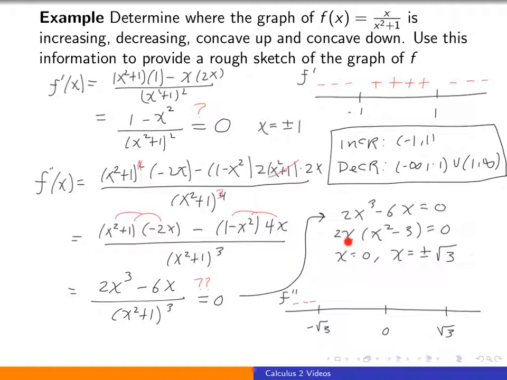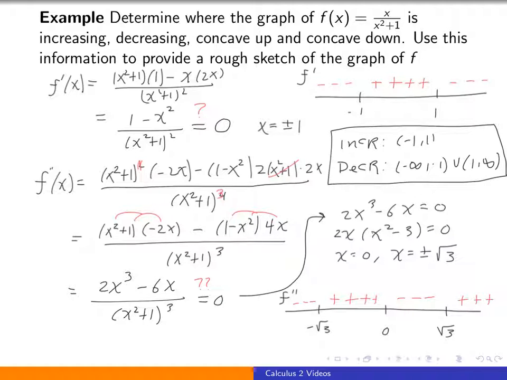So you would have negative 2 multiplied by a negative, which would make it positive. Similarly, between 0 and root 3, pick the number positive 1. You'd have 2 multiplied by minus 2, which is negative. And then outside of there, it becomes positive.